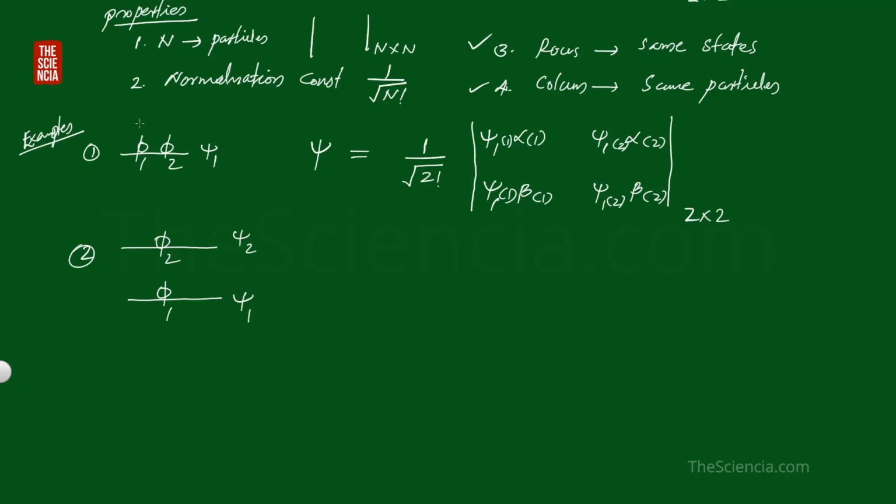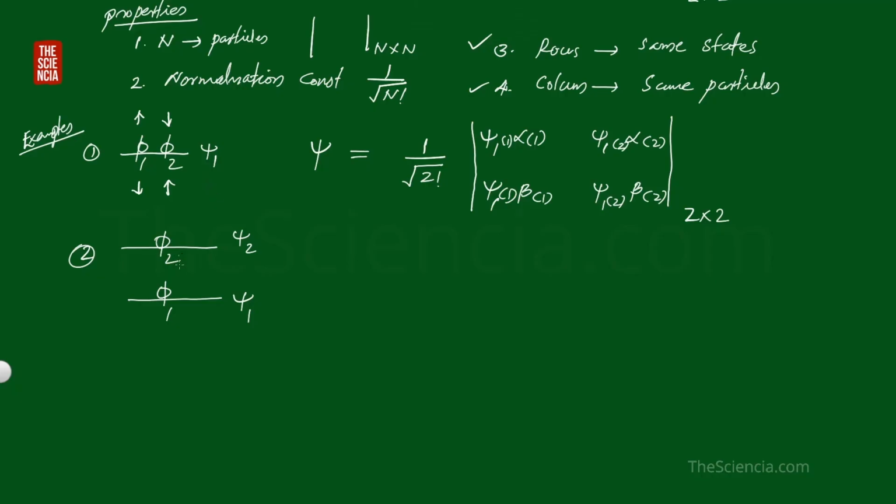You see, in the first example problem, if one of the electrons is in up spin, then the other is definitely in down spin, or if it is in down spin, then the second particle will be in up spin. So it satisfies Pauli's exclusion principle, because both the fermions are occupying the same state.